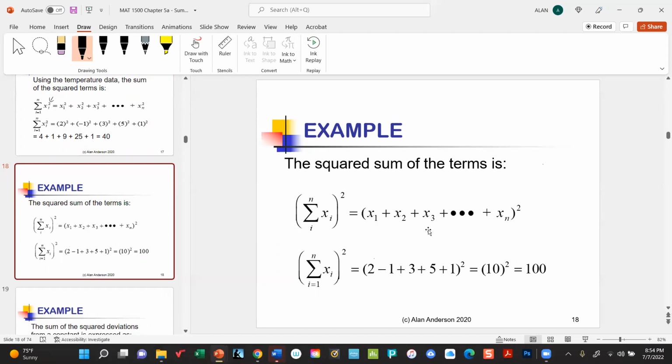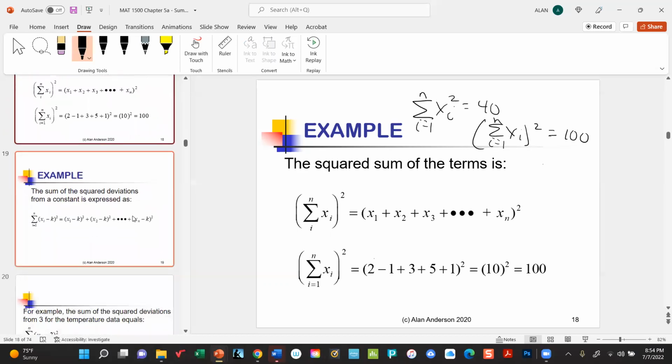So if you notice, before, when I squared the terms, I got a sum of 40. But here, when I sum first and then do the squaring, I ended up with 100. They're not equal to each other. They mean something different.